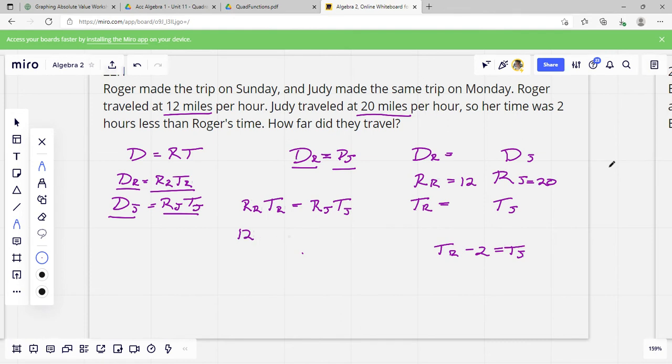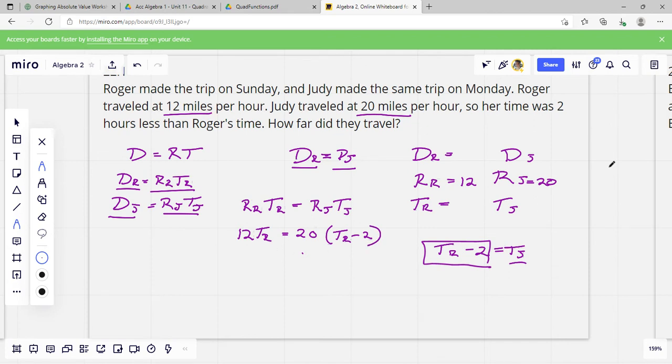The time of Roger, we don't know that one, so we're going to leave that, equals the rate of Judy, which is 20, times the time of Judy, we do know that, is the time of Roger minus 2. So we'll say time of Roger minus 2. Now our only variable is time of Roger, so we just had to get that down to one variable.